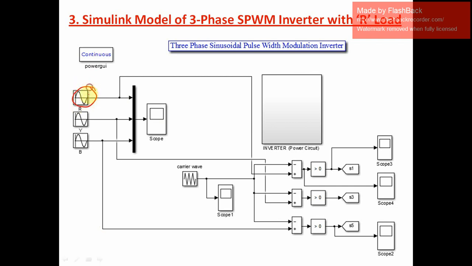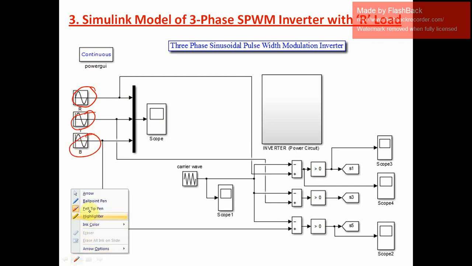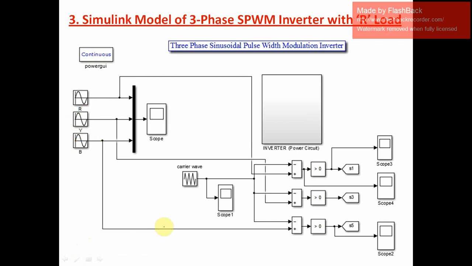So this is the sinusoidal waveform of R phase, Y phase, and B phase. With proper values inserted in these blocks of sinusoidal waveforms, we can achieve three phase waveforms with 120 degree phase shift.